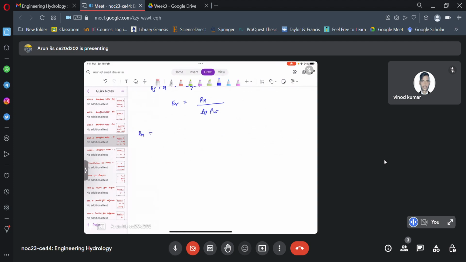Net radiation is a function of short wave radiation and long wave radiation, which is the data given in the question. So we will write this as short wave radiation incoming minus short wave radiation outgoing, minus long wave radiation outgoing, minus long wave radiation incoming.